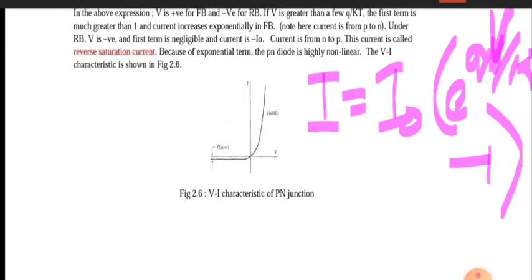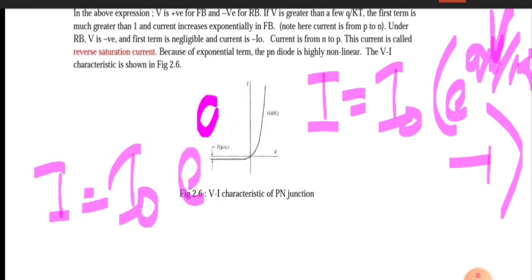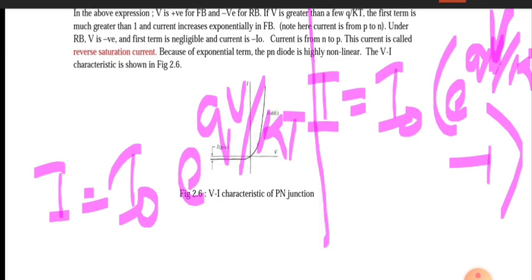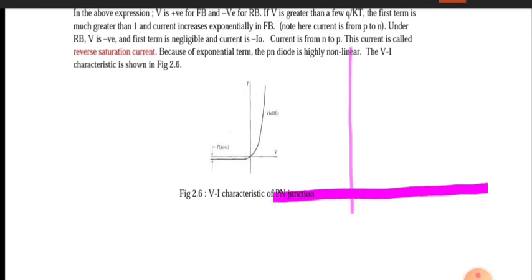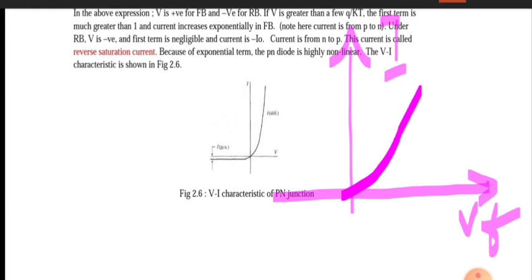E raised to a positive term is obviously greater than 1, so the answer will be I equals I naught into e raised to qV by kT. The minus 1 is not having much impact. This is an exponential value. Under forward bias condition, if you are drawing the graph of Vf versus current, there will be an exponential increase in the current.